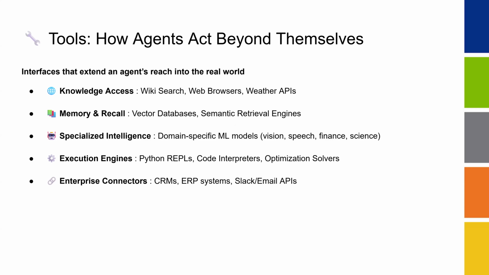Memory and recall are enabled through these kinds of databases. We have specialized intelligence, domain-specific ML models like vision, speech, finance, and science. We have execution engines like Python REPLs, code interpreters, optimization solvers like Gurobi, Hexaly, etc. We have enterprise connectors like CRMs, ERP systems, Slack, email APIs.